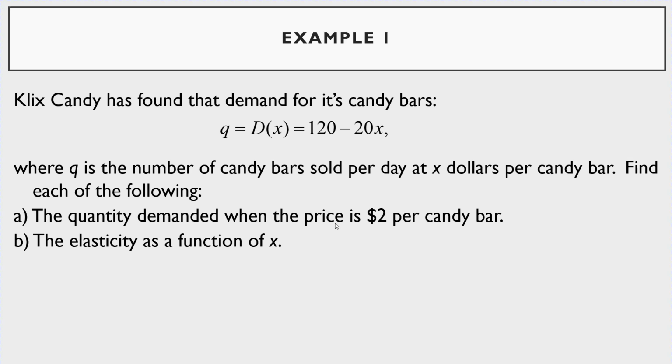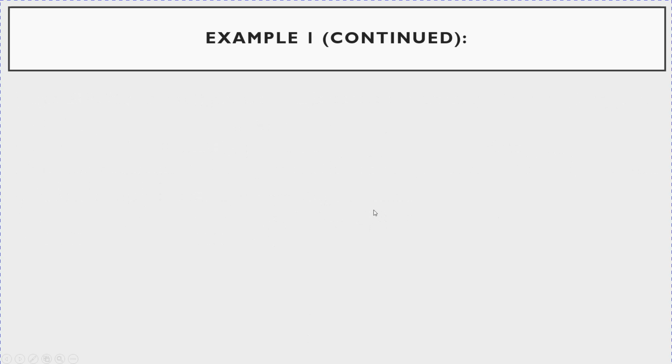Okay, so let's go back. Right off the bat, in part A, we want to find the quantity demanded when the price is $2. What you're going to do is take this and plug it into the demand function. It's pretty easy, right?